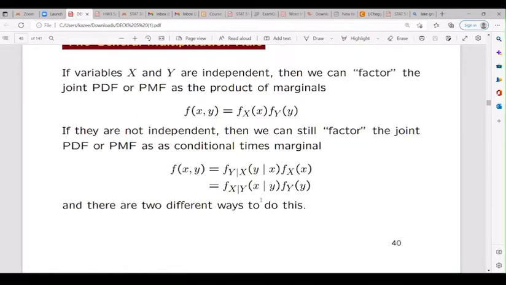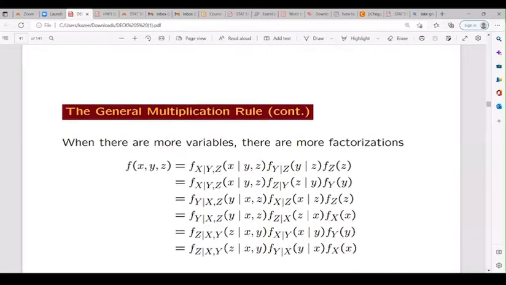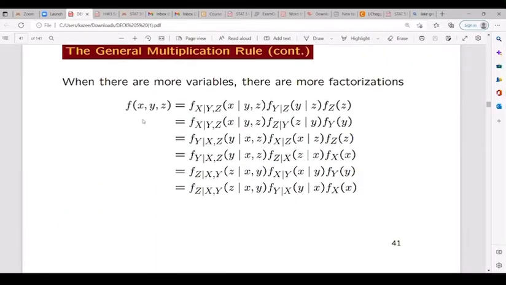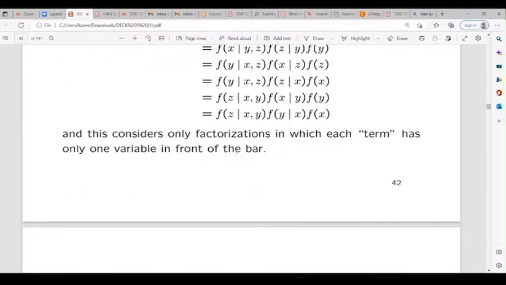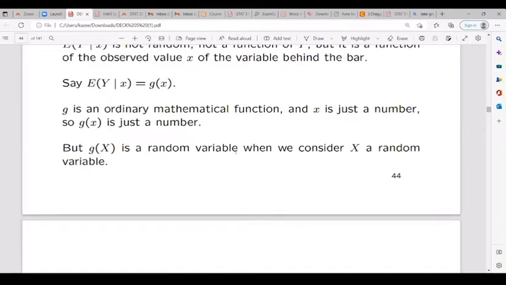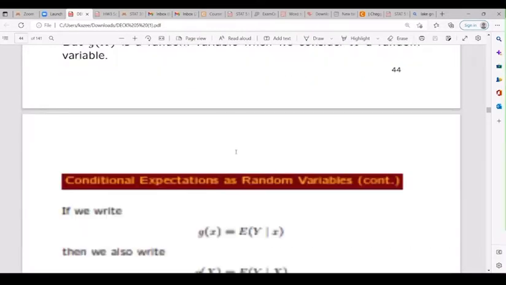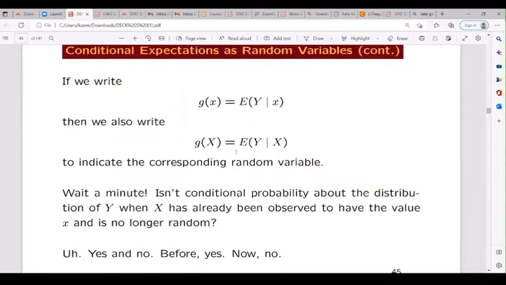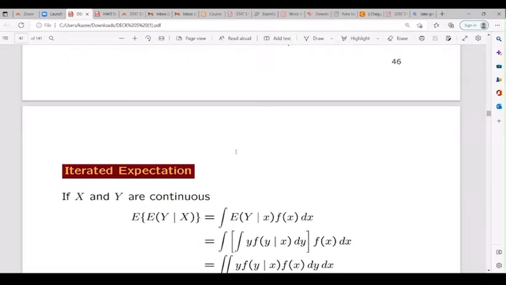Now you know the general formula. I think I've walked you through all of that. And if you have more variables, f of x, y, z is going to be all this. So just for formula sake, we've done all that. I'm going to quickly move on.